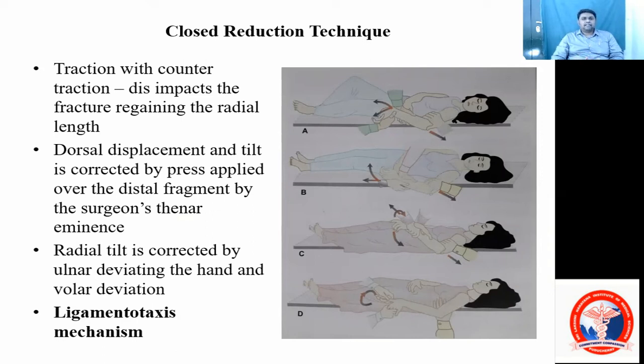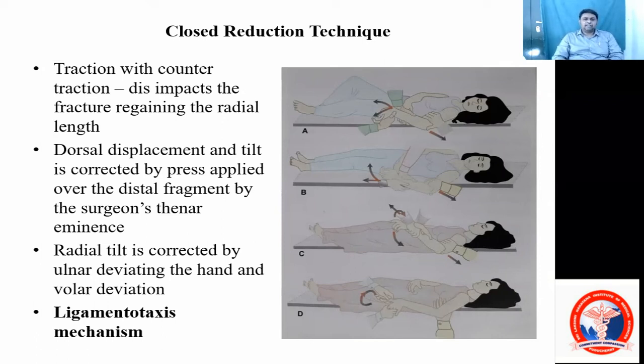Then we correct the dorsal tilt and dorsal angulation. That means we flex the wrist joint to volar, and then give ulnar deviation. So whenever you do volar pressure and then radial ulnar deviation, all the deformity is corrected.